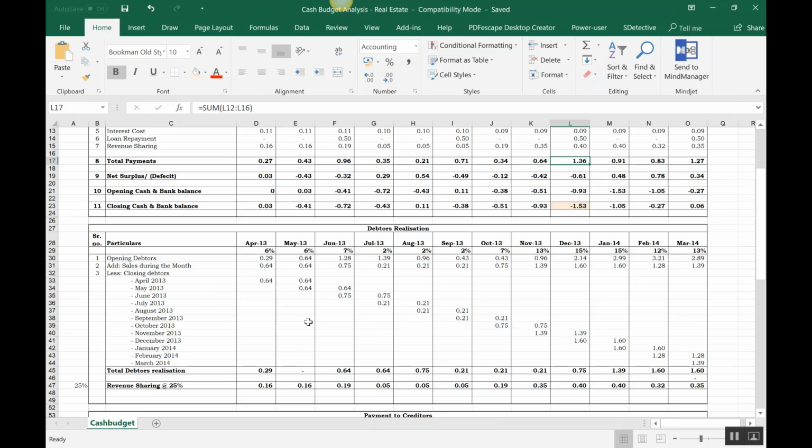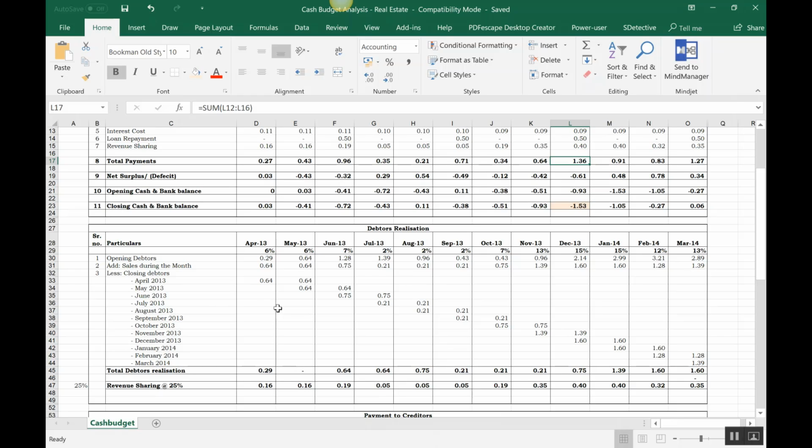So this set of debtors is computed on a monthly basis, and that is how we get to the net debtors realization figure, right?